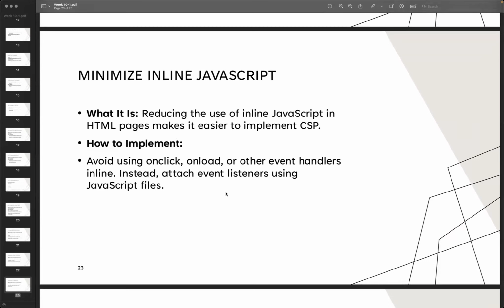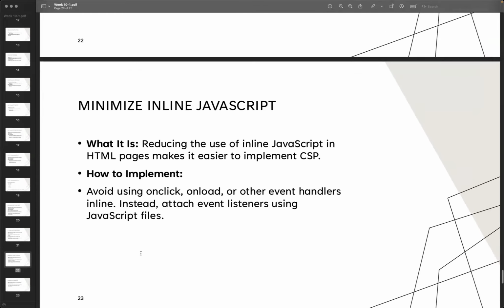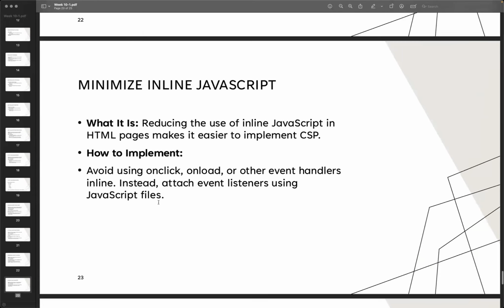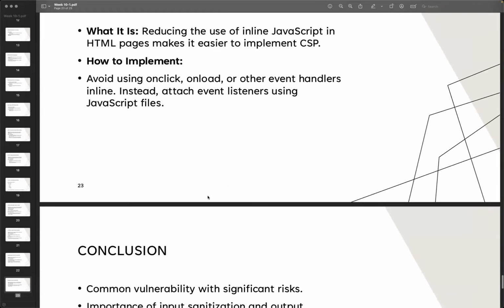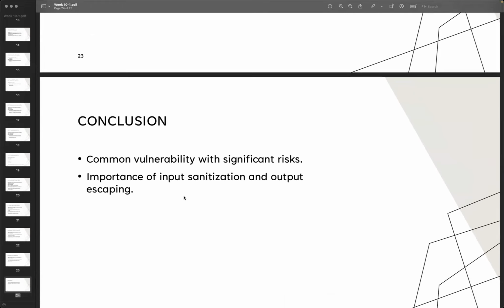When we work on the CSP, the security policy tries to reduce risk. So avoid using onclick or other inline event handlers. Instead, attach the event listener using the JavaScript file. So here's the difference: instead of an onclick handler, we just listen to a certain event and then detect the content. Here we look at probability and significance of risk.